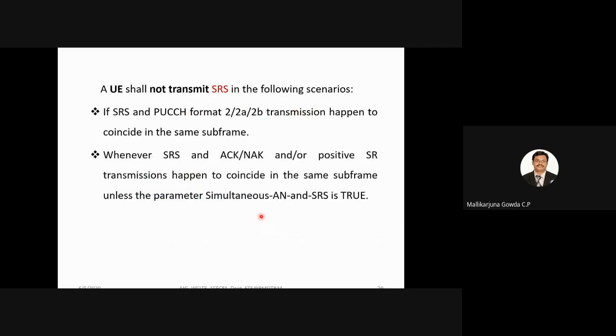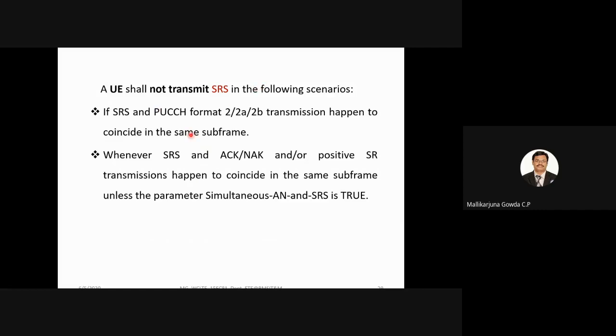The user equipment need not transmit the SRS in some scenarios. The first scenario is if the SRS and the PUCCH format 2A or 2B transmission happen to coincide in the same subframe. In that case, the UE need not transmit the SRS.